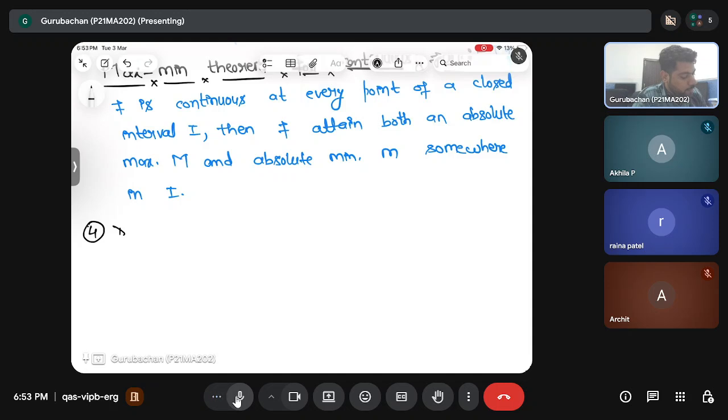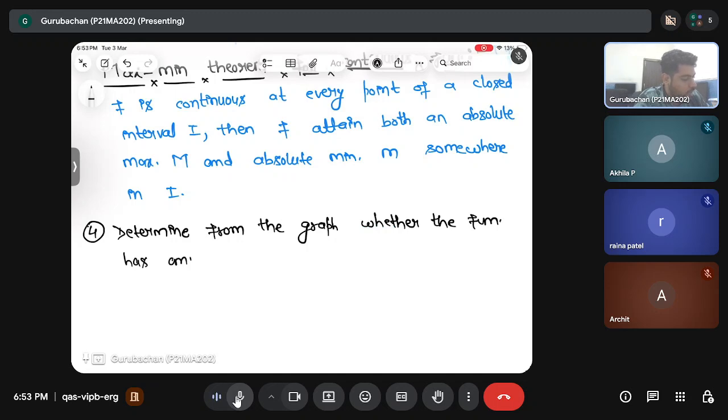Determine from the graph whether the function has any absolute extrema. What is extrema? Anyone?